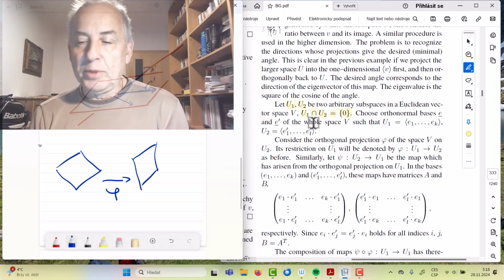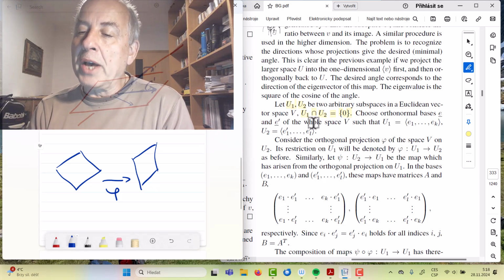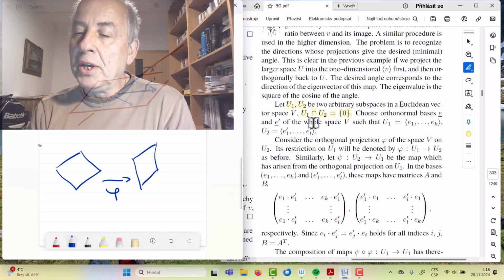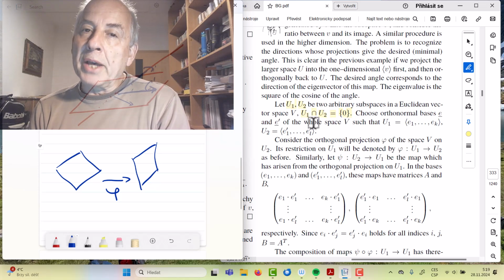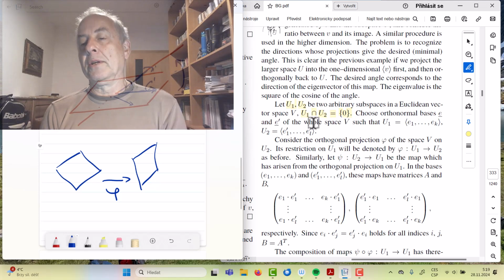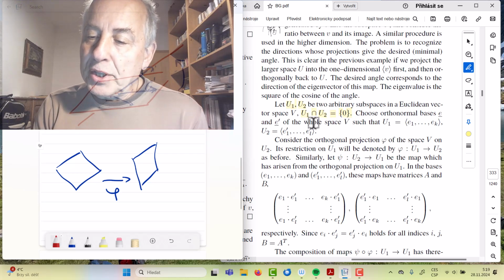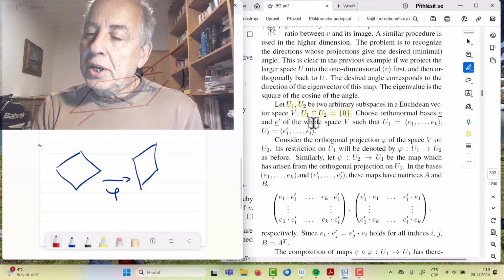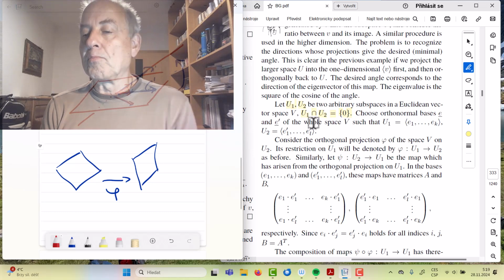So imagine we would be silly, and in this very case where we have a line and a plane in R3, we would start with projecting the plane onto the line. So that would be the phi, right? So of course this would map this vector into something like this, and then the next projection would just map it down to this, right?